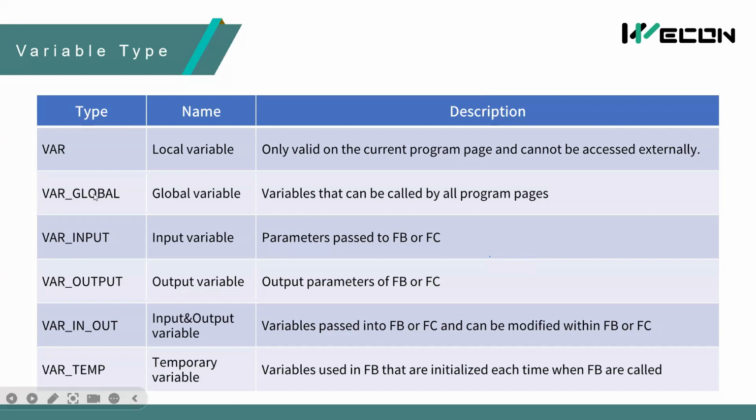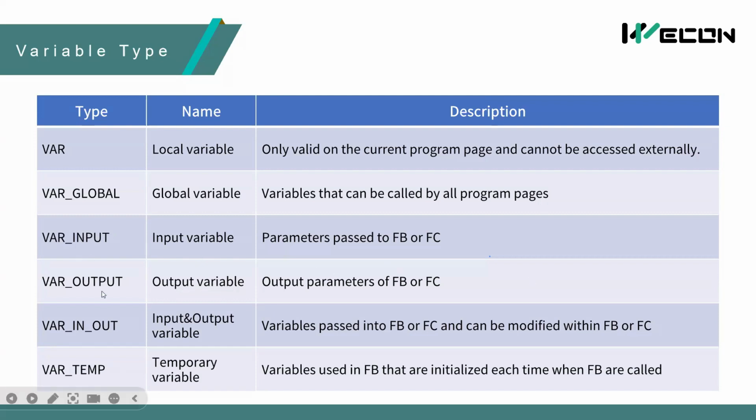And the global variable means we can use this variable in all our programs: in the main program, in function blocks, in functions, in subroutines, and even in interrupt programs.